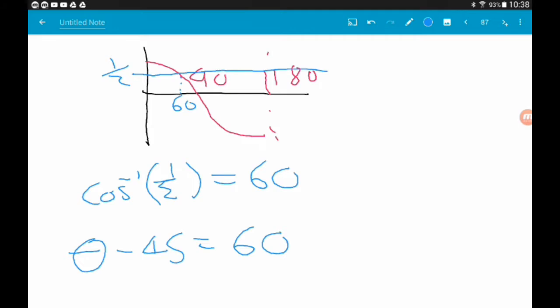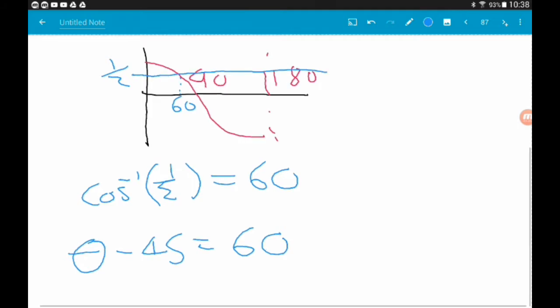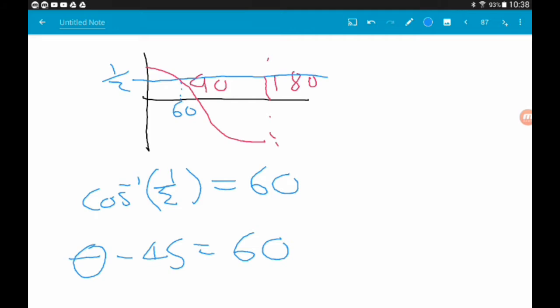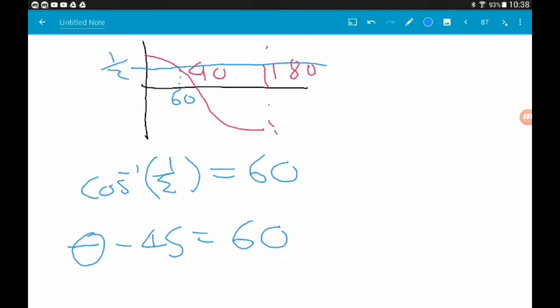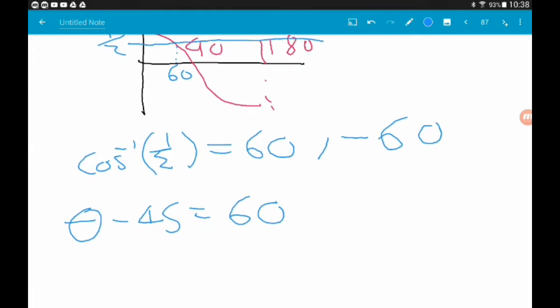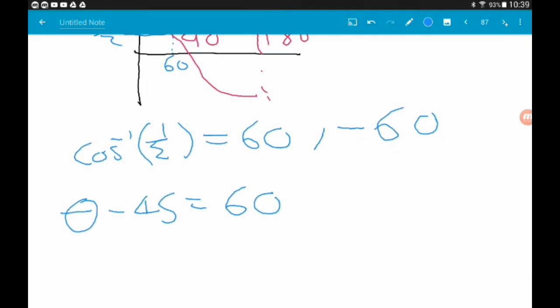Now, we're not interested in any solutions to the right of 180. That is out of our interval for theta. So we've probably got to go left, which we do. By the symmetry of the graph, if one of our solutions is positive 60, another one is going to be minus 60. So the other value for theta minus 45 is minus 60.